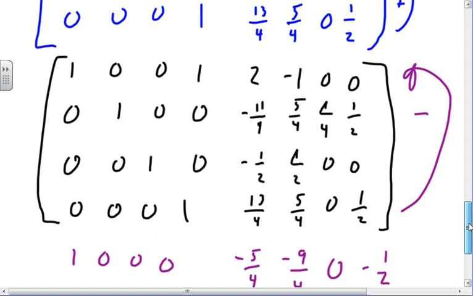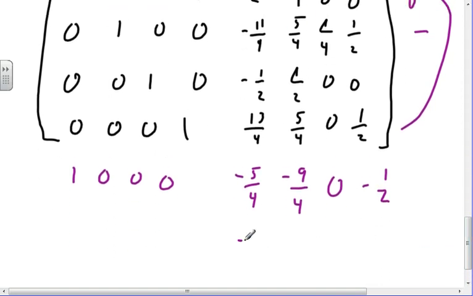Okay, at that point I've got everything I need. Minus 11 quarters. 5 quarters. 1 quarter. 1/2.